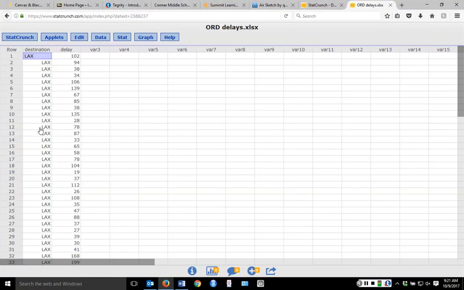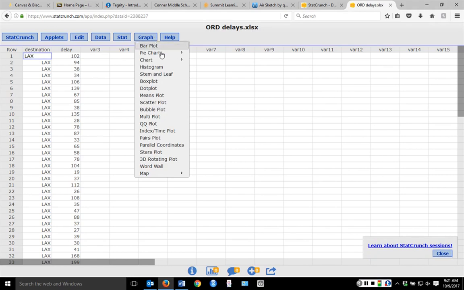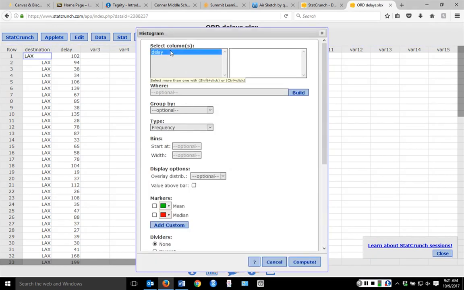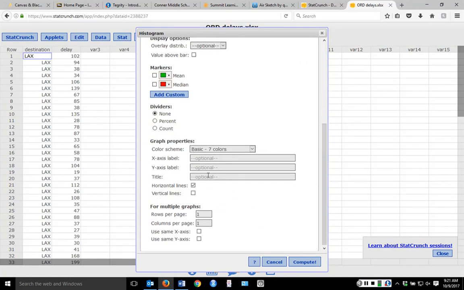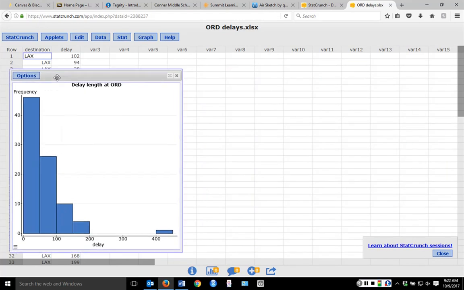Then in order to get our histogram, we went to Graph, Histogram, selected the variable that we wanted our histogram for, and could add a title to it, so we can look at delay length. There's our histogram that we have.